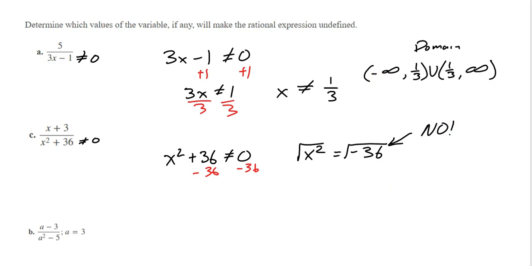So for this right here, if you come up with a negative inside of a root, this has no real solution. There is a solution. It's not real. It's a little above your pay grade right now. So don't worry. We will learn the rest of that later.